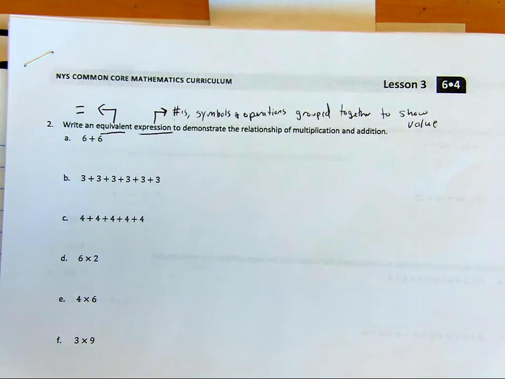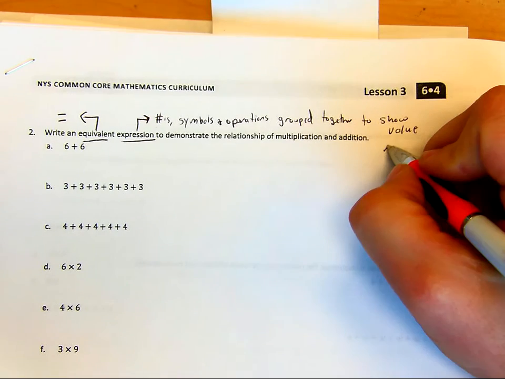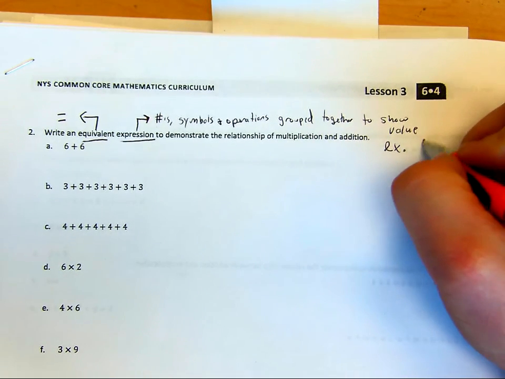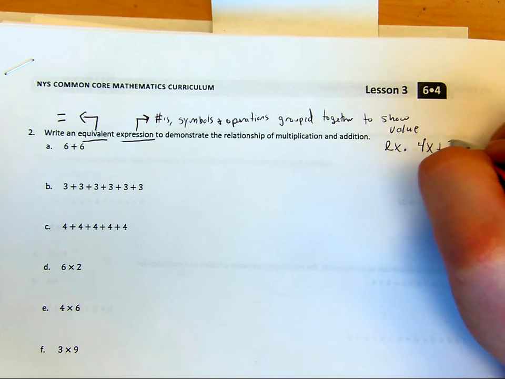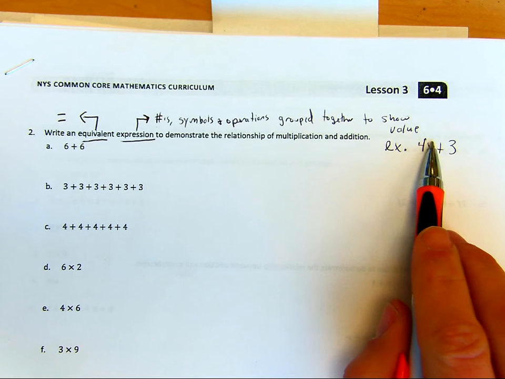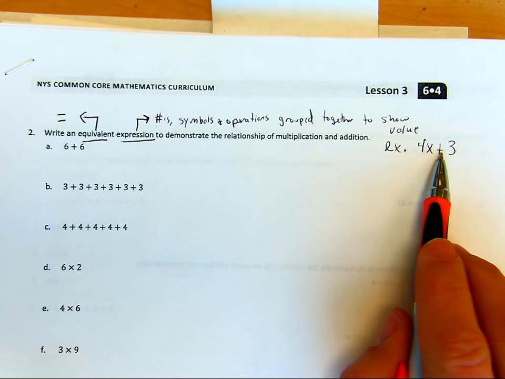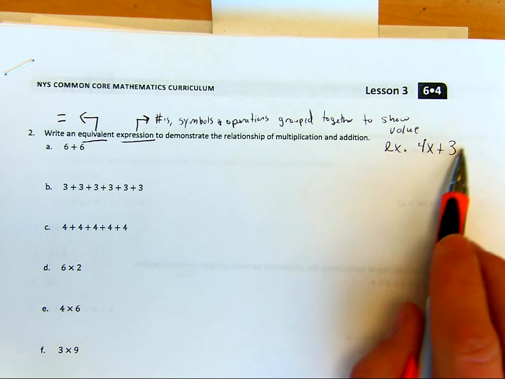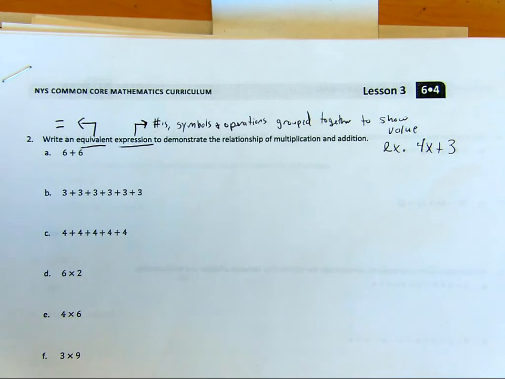So what that essentially is saying, like an example of an expression would be something like 4x plus 3. That's an expression. We have an operation and we have numbers put together and it's ultimately going to have a value.